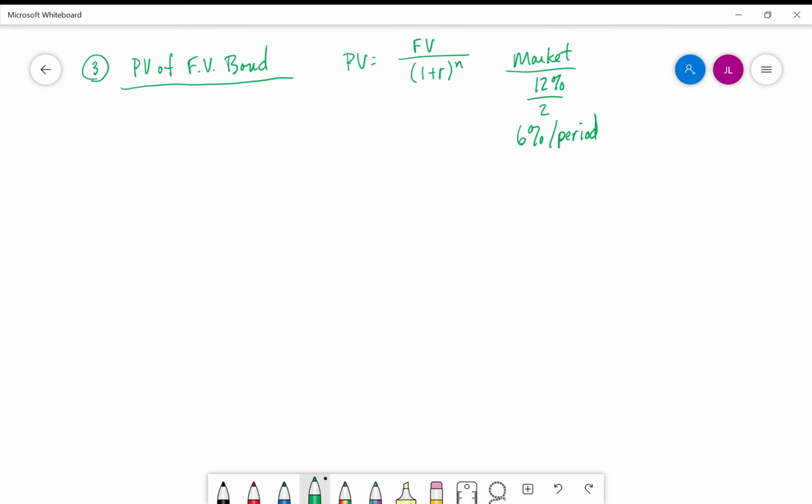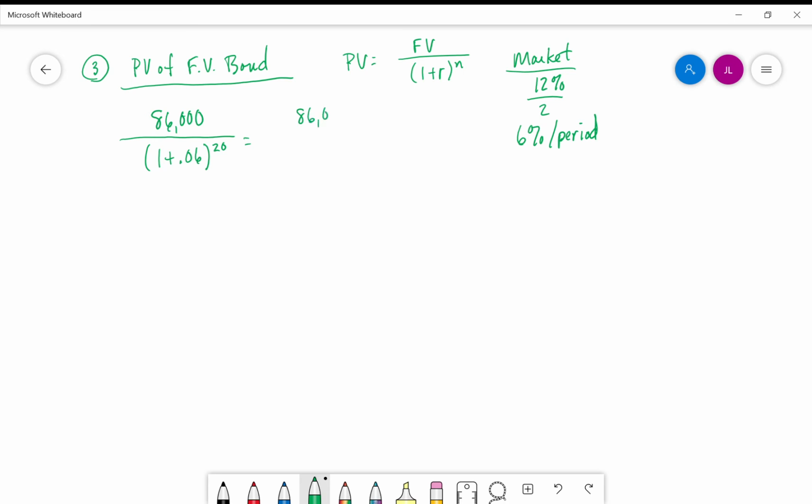So when we want to look at the present value of this bond, I'm going to use the formula here that we have. We have the future value, or the face value of the bond, of 86,000 divided by 1 plus our market rate of 6% per period, which is 0.06, to the 20th power.